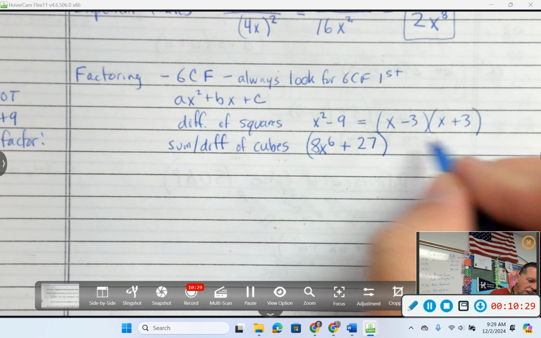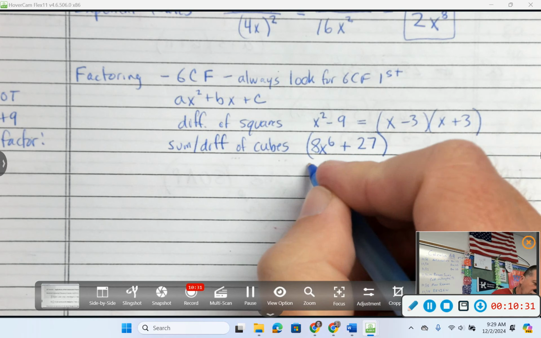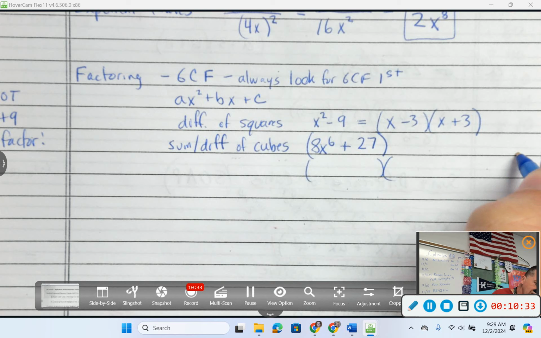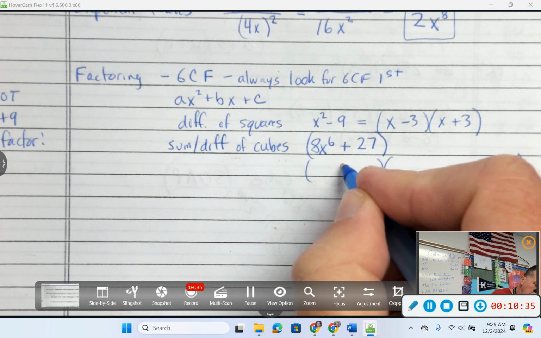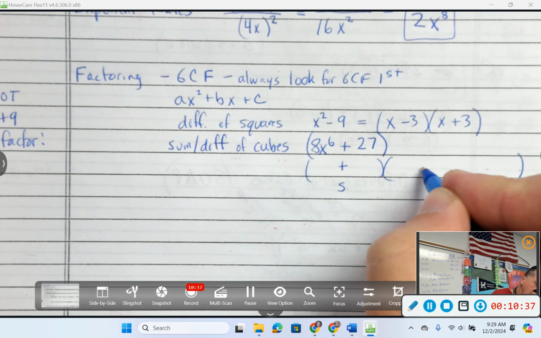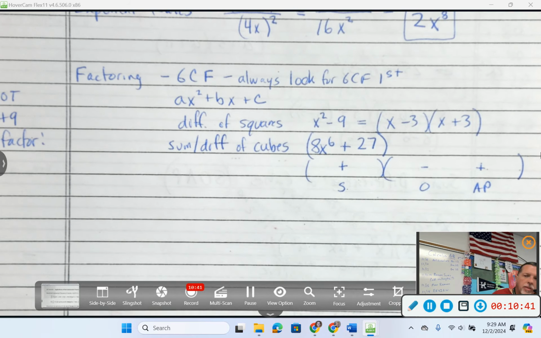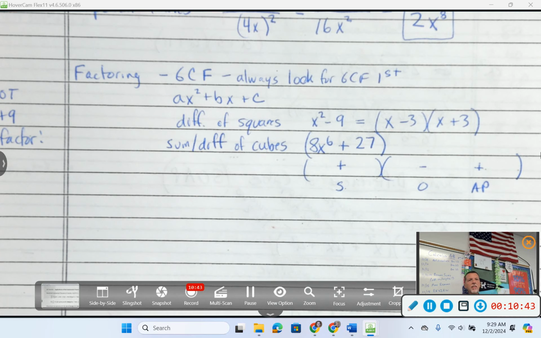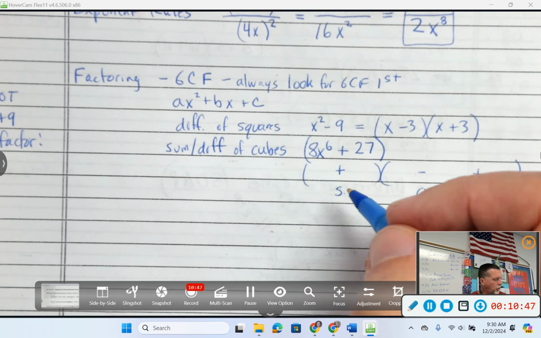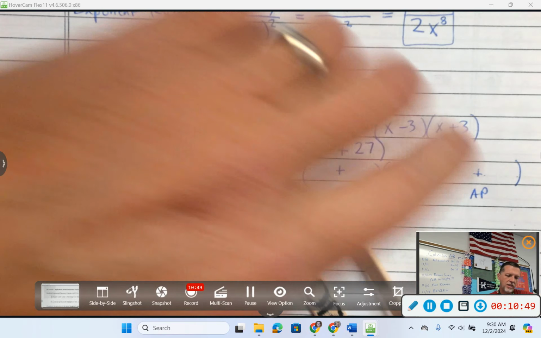For whatever reason, I don't like factoring in a line, especially for cubes. I like factoring underneath because it helps me think about same sign, opposite sign, always positive sign. I don't know, it helps me think about taking the cube root of those pieces.